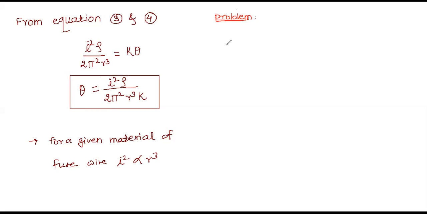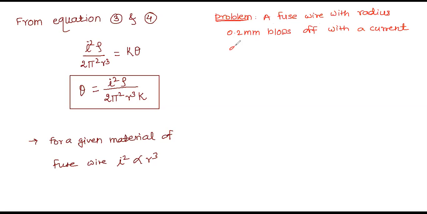A fuse wire with radius 0.2 mm blows off with a current of 5 ampere.